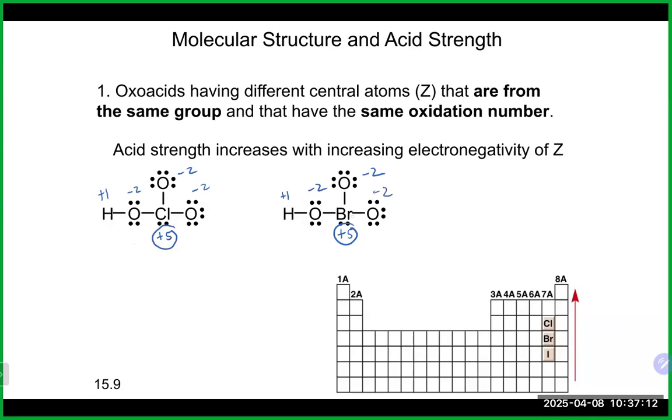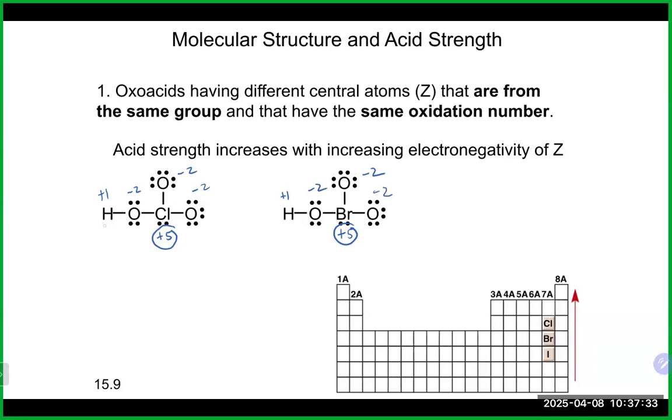Now, because they both have the same oxidation number, you cannot use oxidation number to determine which one is a stronger acid. In this case, what we would look at is electronegativity. When we look at electronegativity, chlorine is more electronegative than bromine.